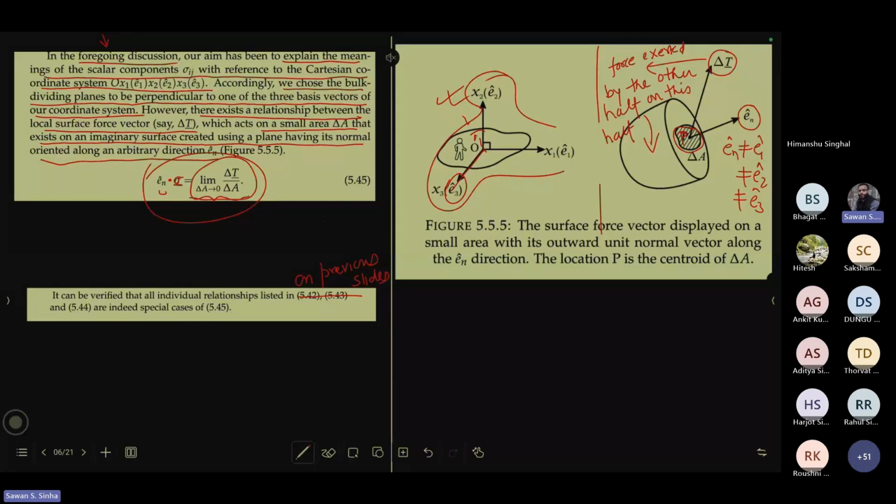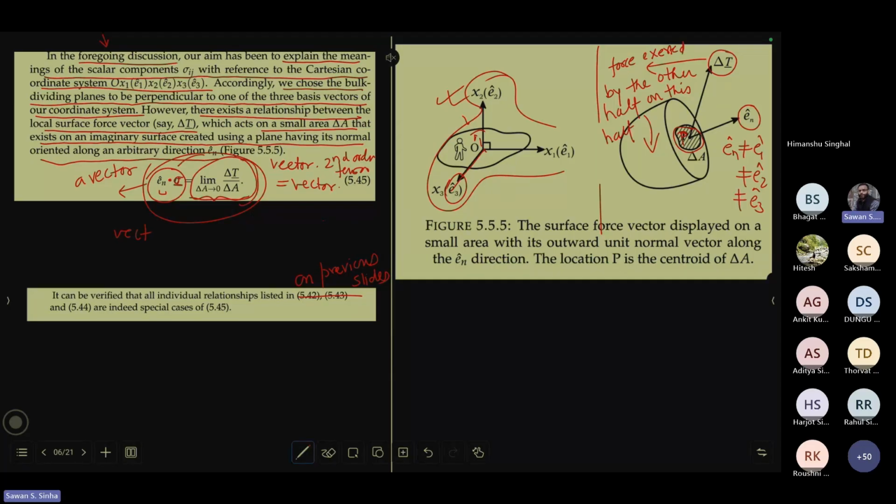The physical meaning of that quantity would be what I have written here: the limiting value of delta T divided by delta A as delta A goes to 0. Note that this quantity is a vector. You have a vector dot product with a second order tensor. That will still be a vector. The left hand side and right hand side are both vectors because I have still kept delta T under bar.